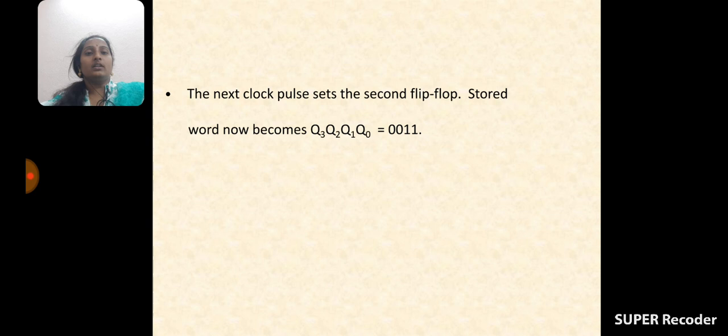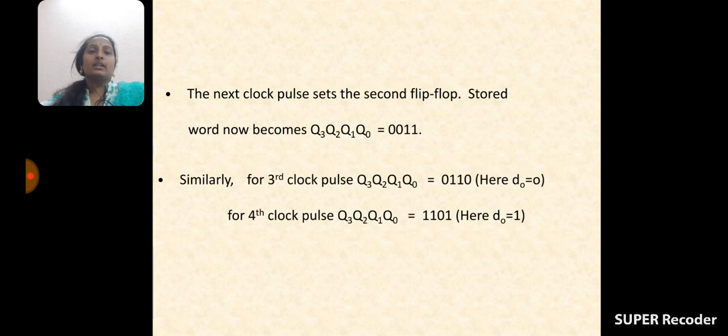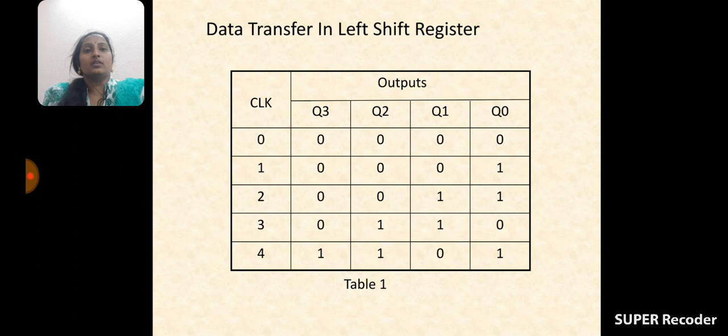Similarly, for the third clock pulse, according to the direction of shifting data, the binary bits stored are 0, 1, 1, 0. And for the fourth clock pulse, it is 1, 1, 0, 1.